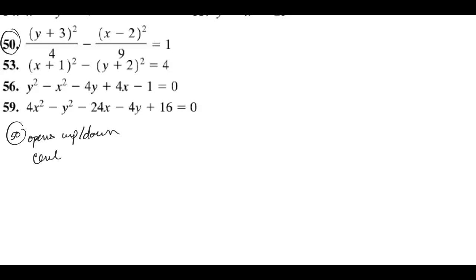Let's find the center. So the center is going to be at (h, k). And in this case, the center is going to be at (2, -3). Remember, h is what's connected to the x, and k is what's connected to the y. We would think of this as a minus -3 there.